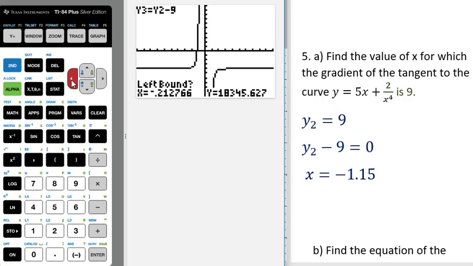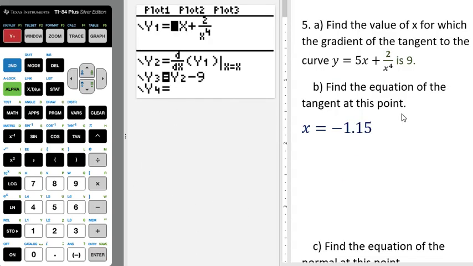Then move your left bound, that's over here. Right bound, yeah, it's here. Then enter. See, it gives you the same answer. We already know x equals -1.15.